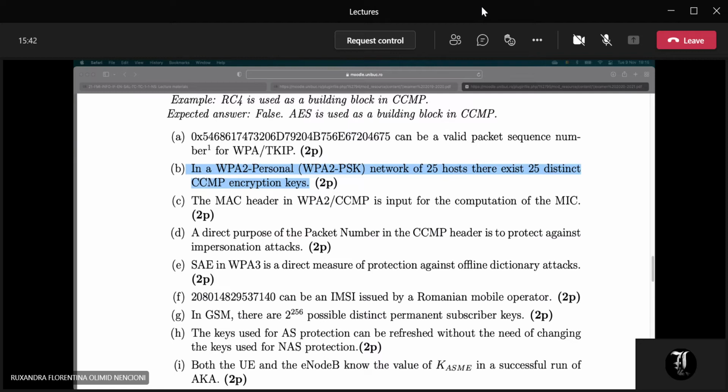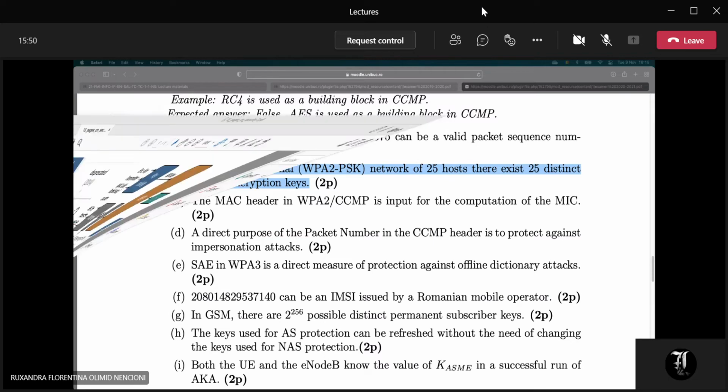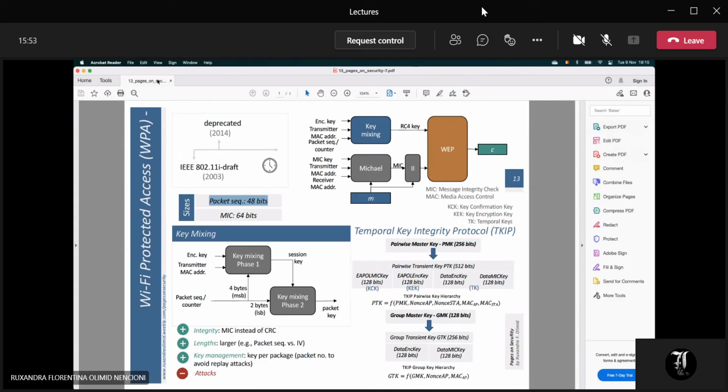Yes, it's derived from the PMK. So the PMK is shared between the access point and the client. Yes, it's the same.